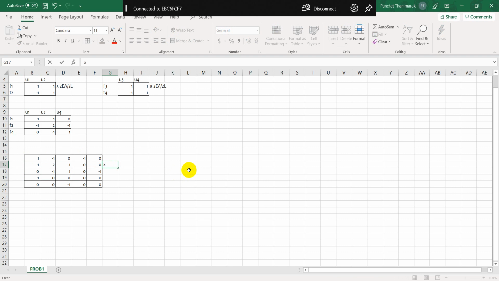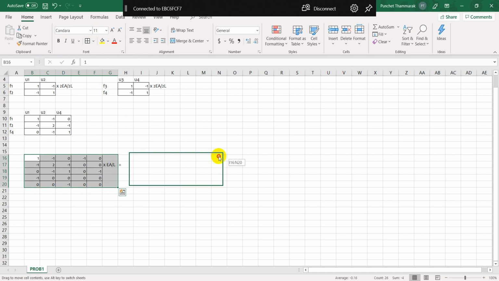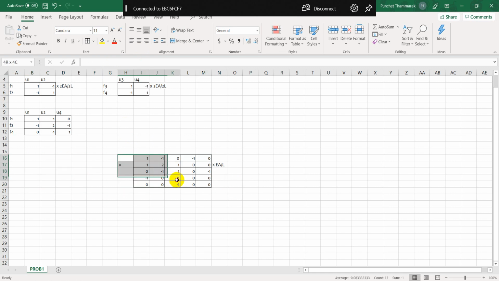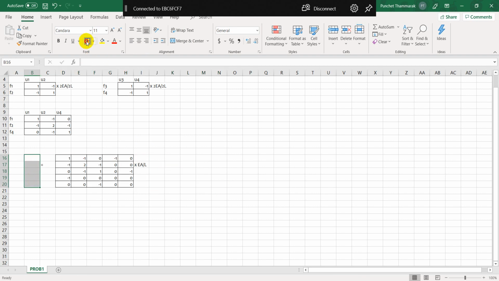Basically, you have 2EA over 2L, which turns out to be EA over L. I'll zero it out first: 0, 0, 0, -1 unit.